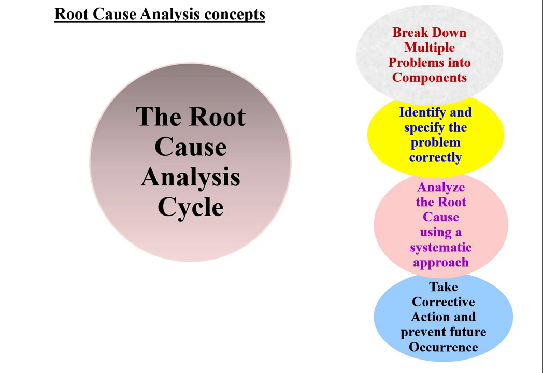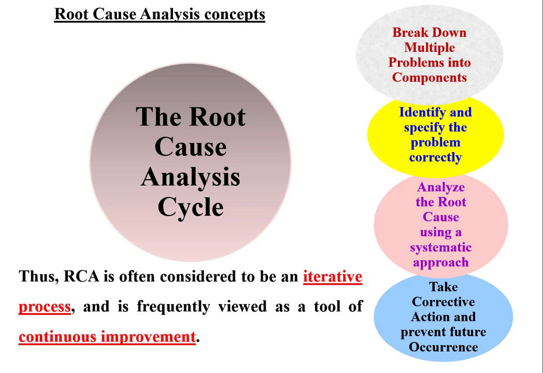And this cycle is actually an iterative cycle. Iterative means that if we apply the corrective action and we test the action, then we get feedback, and based on this feedback, we might repeat this cycle again and again to make sure.